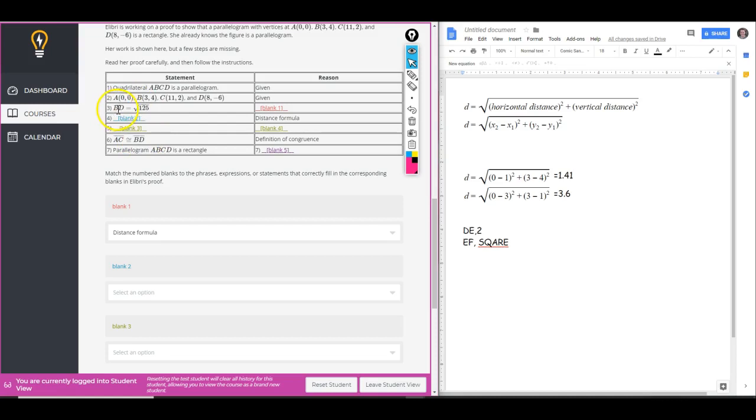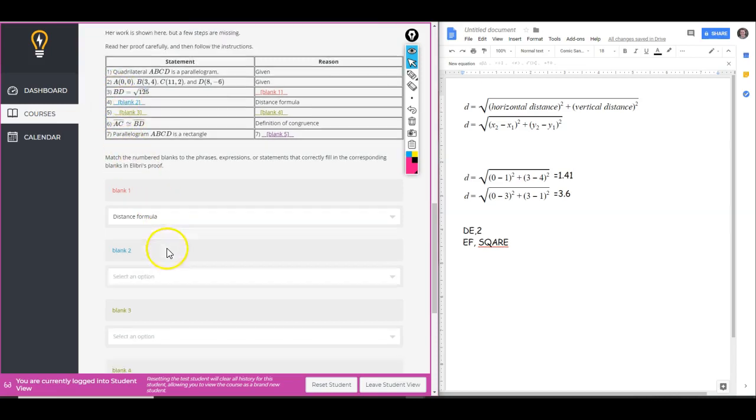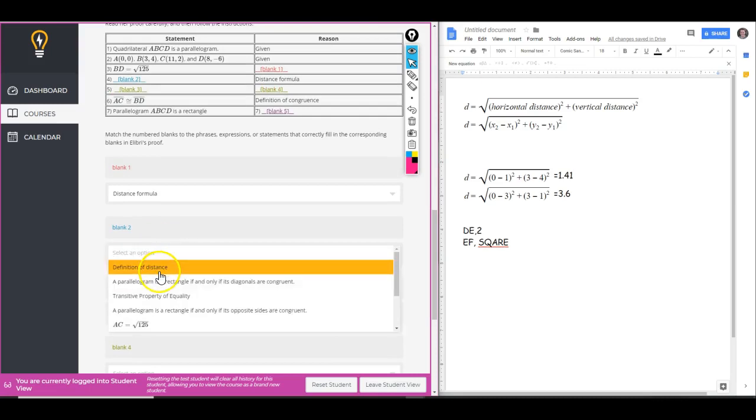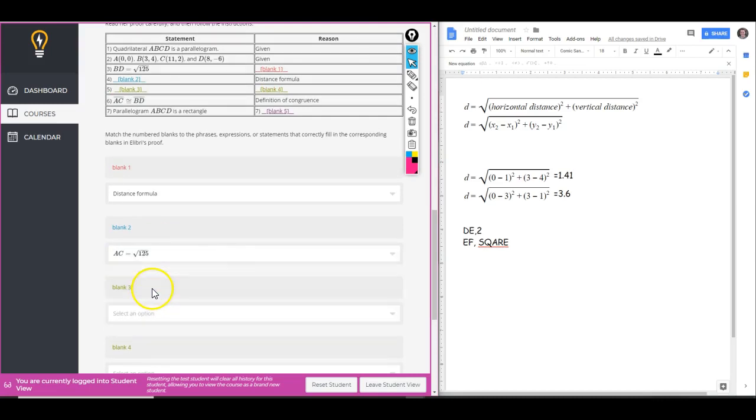We already had the distance of BD, so if they're going to be saying that these two are congruent, segment AC has to appear up here. Notice though that when you're using the distance formula, it doesn't appear with the segment sign above it. It is just the 2 points. So blank 2 is going to be the distance of AC. So distance of AC is equal to the square root of 125.